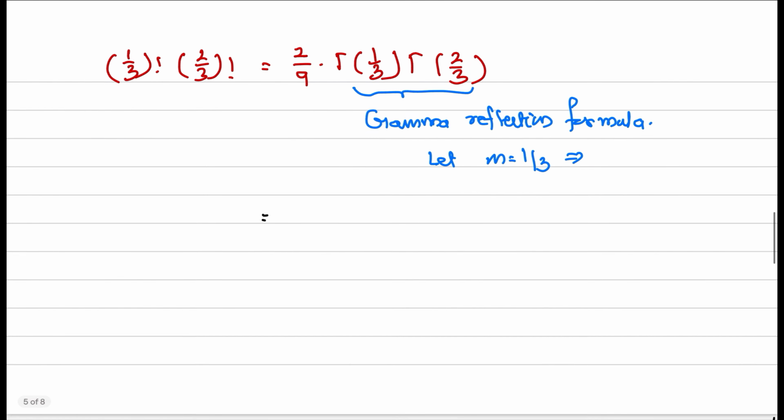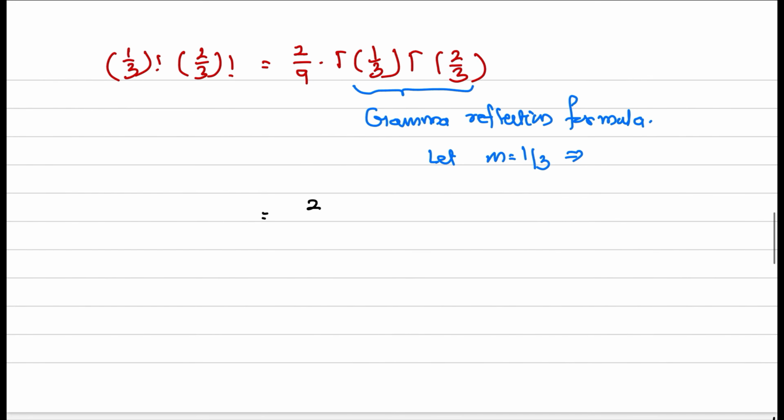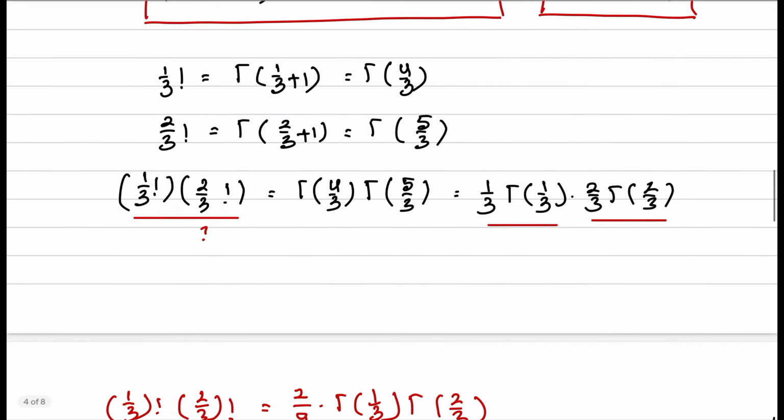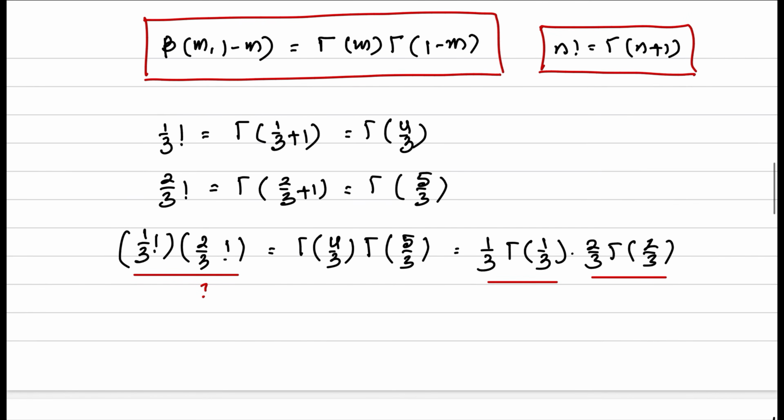The given problem value is equal to 2 by 9 into gamma 1 by 3 into gamma 1 minus 1 by 3. 2 by 3 is nothing but 1 minus 1 by 3. Then gamma m into gamma 1 minus m is equal to beta m, 1 minus m.